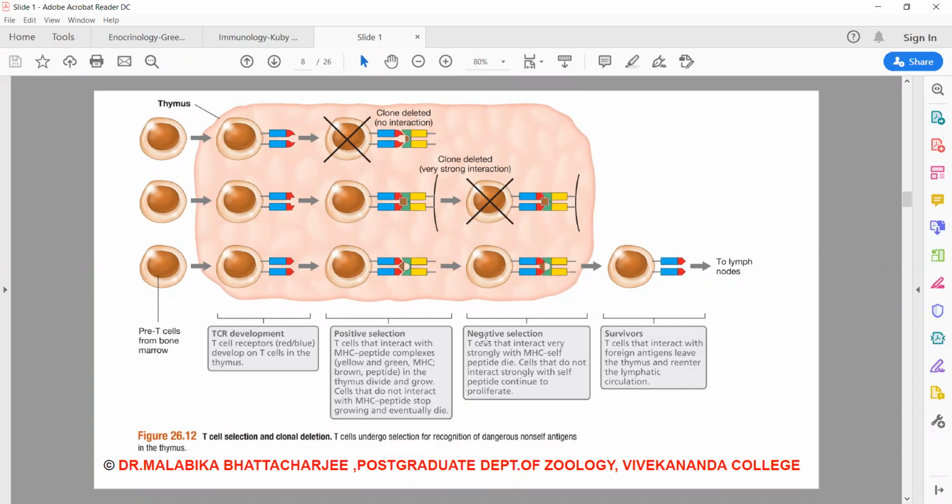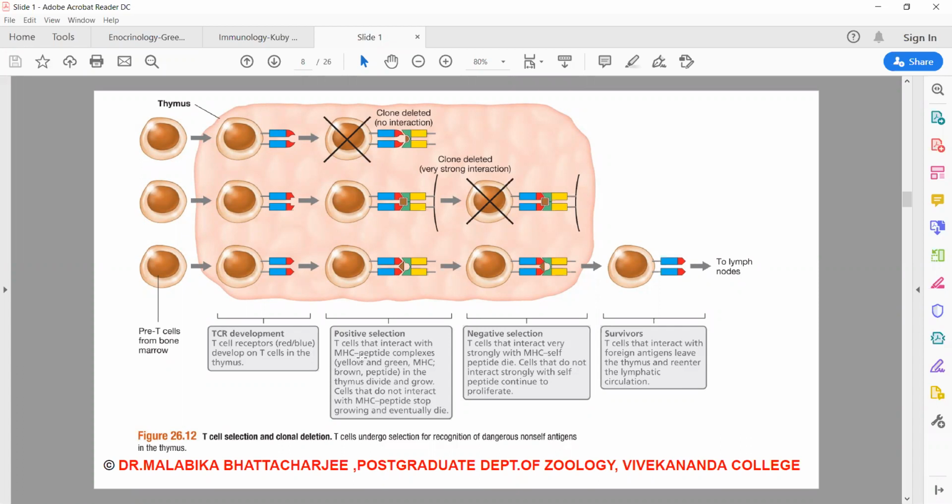Coming to negative selection, what does negative selection say? It teaches the lymphocytes which are your self-antigens, and once they understand that these are your self-antigens, they accordingly tolerate them. So tolerance is developed by the process of negative selection.